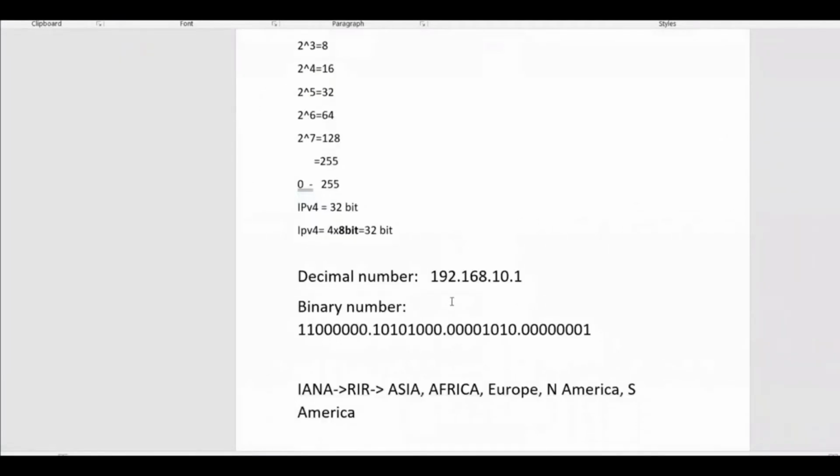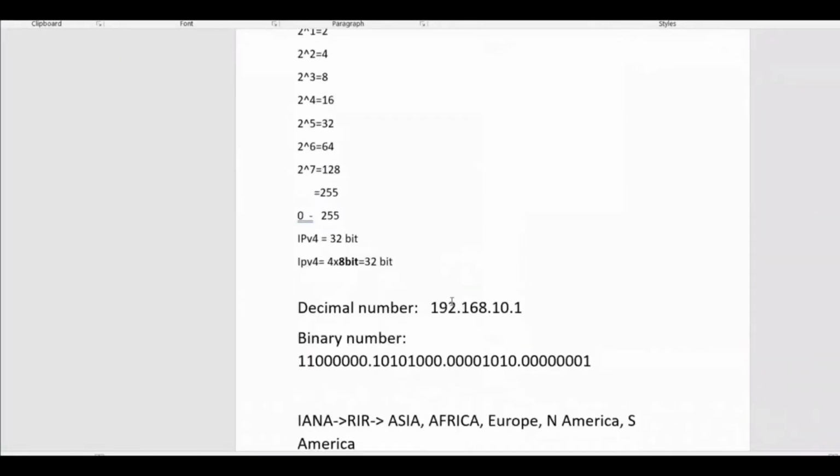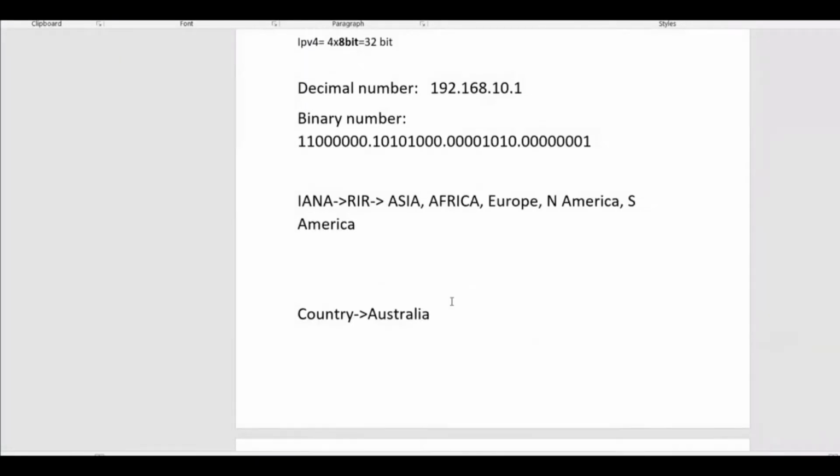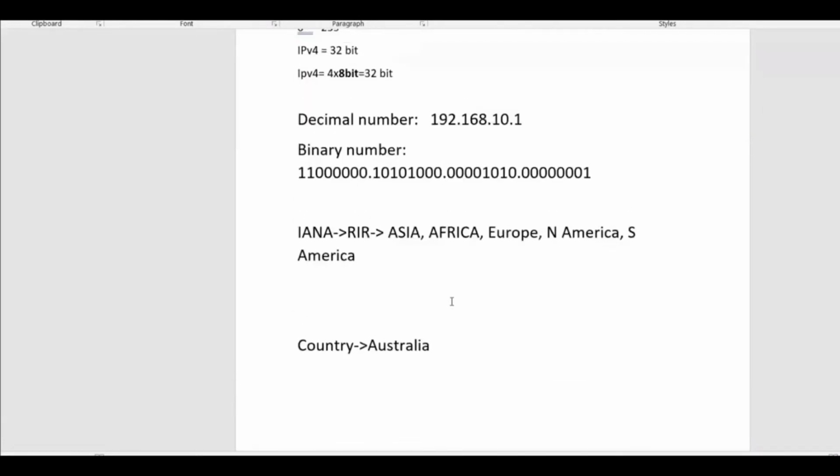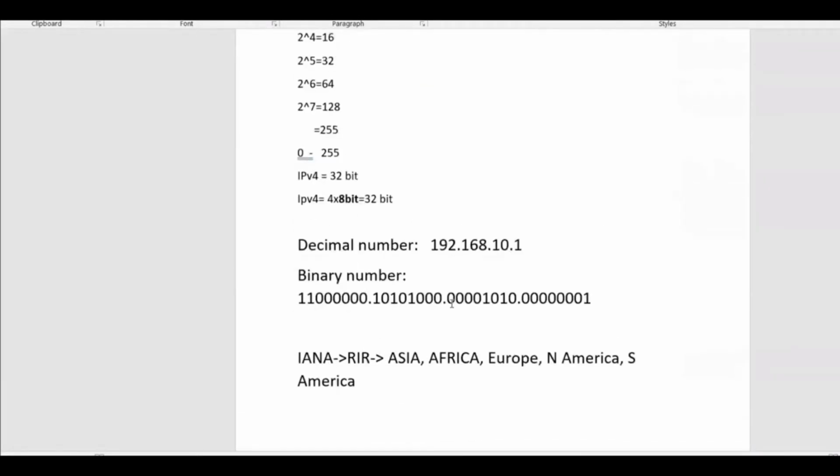So normally for any network, we assign IP addresses. For example, 192.168.10.1, 192.168.10.2. That's the way we assign the IP addresses.